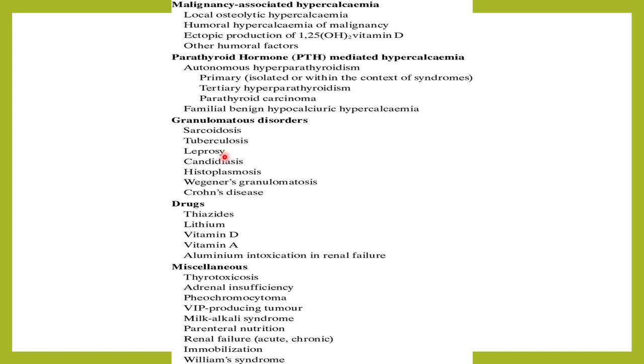Certain drugs like thiazides, vitamin A, vitamin D can increase the level of calcium. And certain other endocrine diseases like thyrotoxicosis, adrenal insufficiency, pheochromocytoma, milk alkali syndrome, renal failure, immobilization, all of these can cause hypercalcemia.